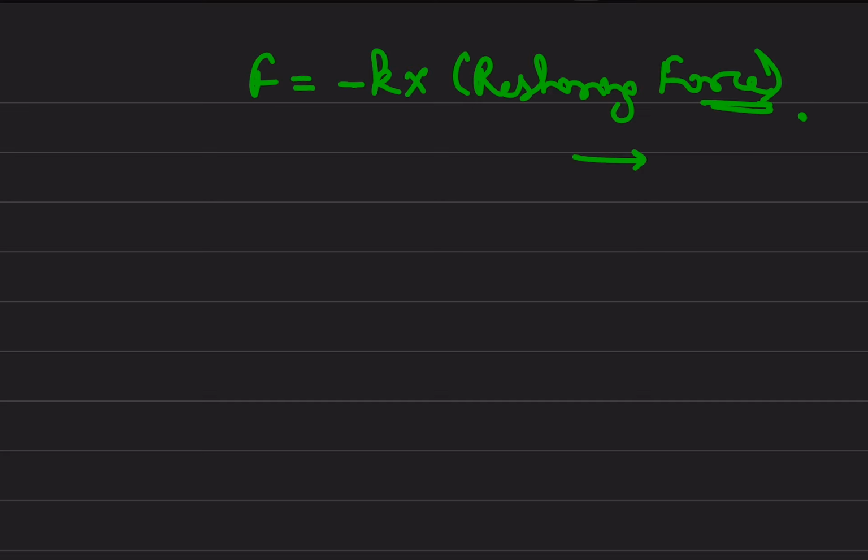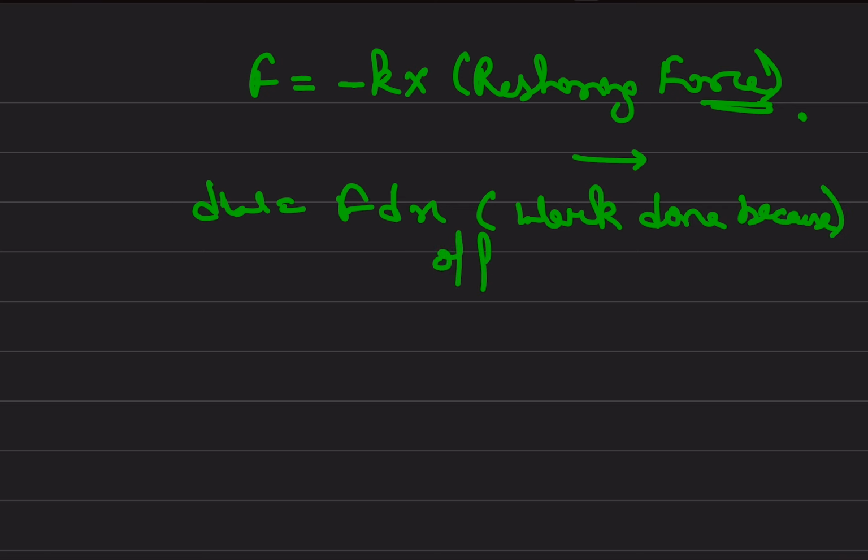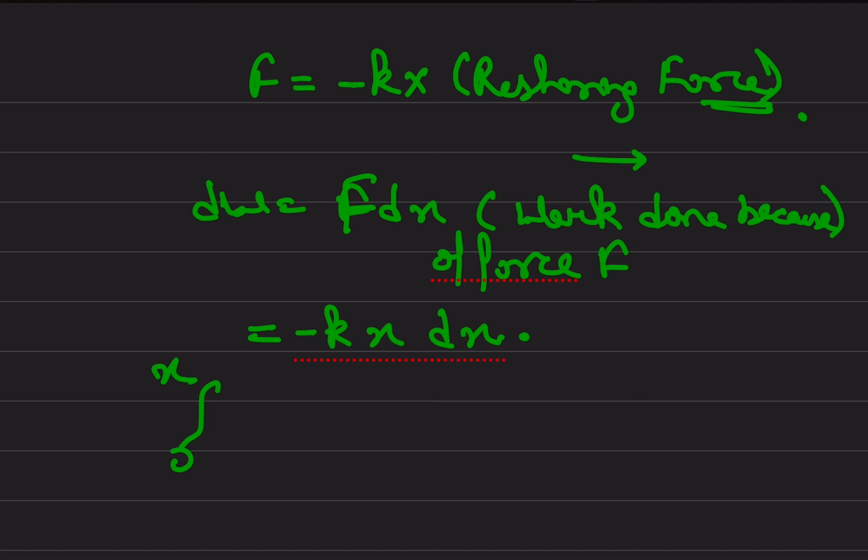So what will be the work done? dW is equal to F dx, the work done because of force F. So it will be F into dx, or minus kx into dx. If we integrate from 0 to x, the work done is the integral of minus kx dx.